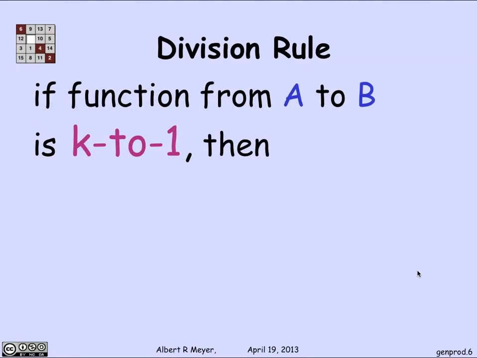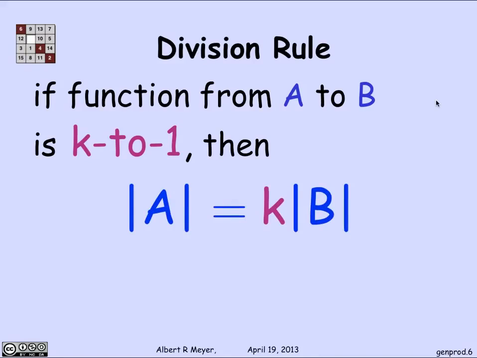Okay, so in general, the division rule can be stated this way. If I have a total function from a set A to a set B, domain A, codomain B, and this mapping is K to 1, then the cardinality of A is simply K times the cardinality of B. So K to 1 means that exactly K A elements hit each B element.